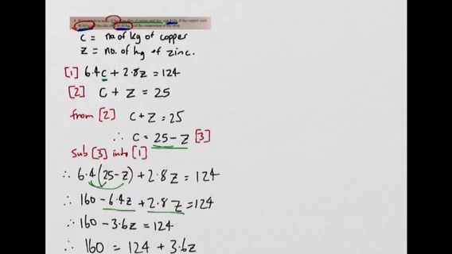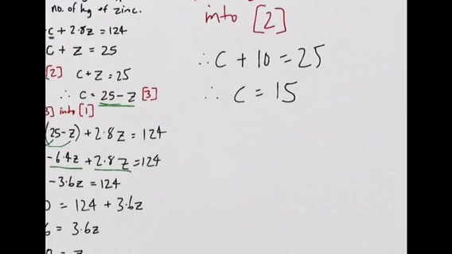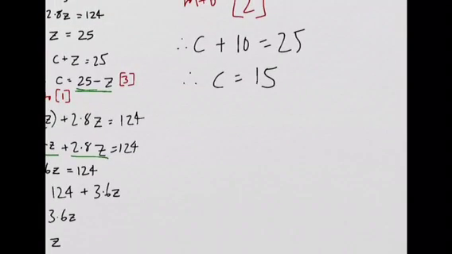Now we can sub Z equals 10 into equation 2 from the beginning, and we end up with C plus 10 equals 25, therefore C equals 15, and that's pretty easy. C is 15, Z is 10, so there's 15 kilograms of copper. Now we answer the question in words.